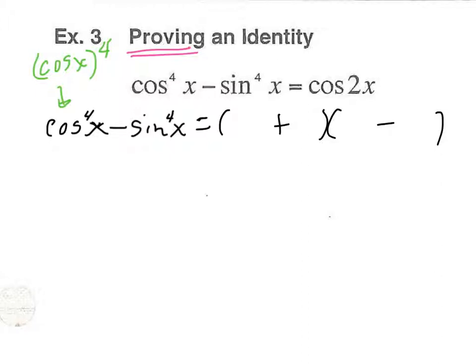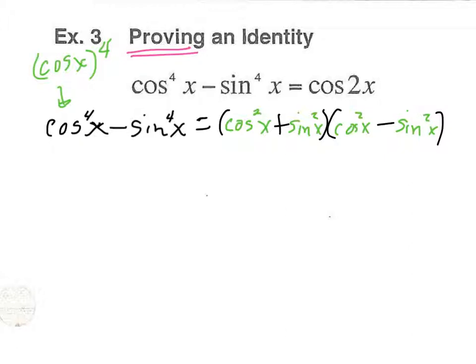If this were x to the 4th, what's the square root of that? X squared. So what's the square root of cosine to the 4th x? Cosine squared. And then plus sine squared of x, cosine squared of x minus sine squared of x.